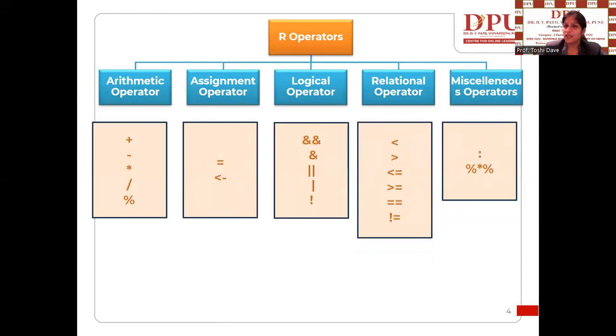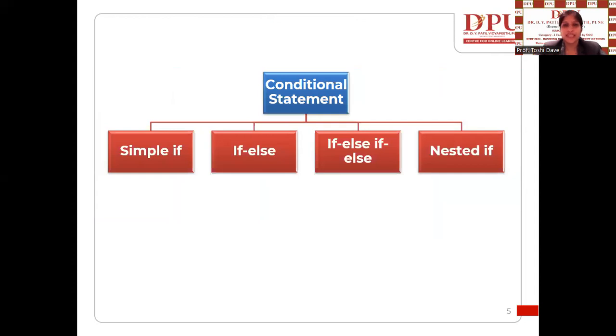And we have two miscellaneous operators: one is colon and one is percentage star percentage. Colon is used to print a series or to utilize a series in any R concept, and percentage star percentage is used to multiply matrices, more than one matrix at a time. Next, we had already covered conditional statements.